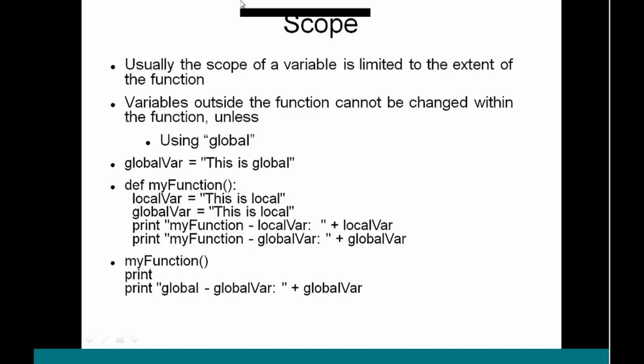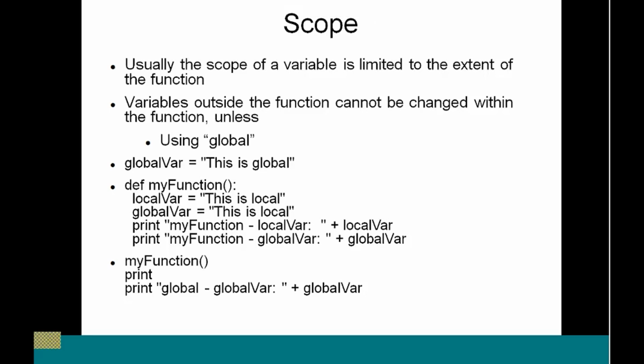The scope is limited to the extent of the function. Any variables outside the function cannot be changed within the function. Python usually assigns a new variable for the same name and overloads that name, and then uses that within the scope. Once you go out, again you don't see those changes.